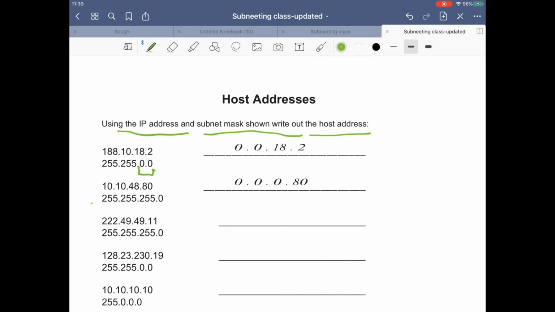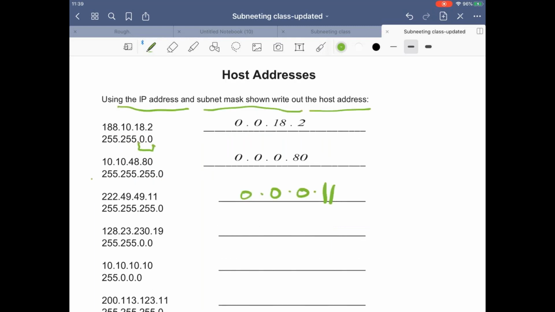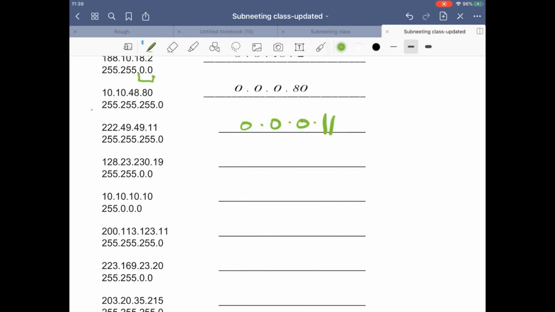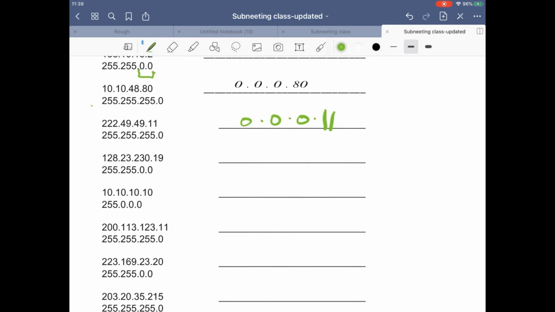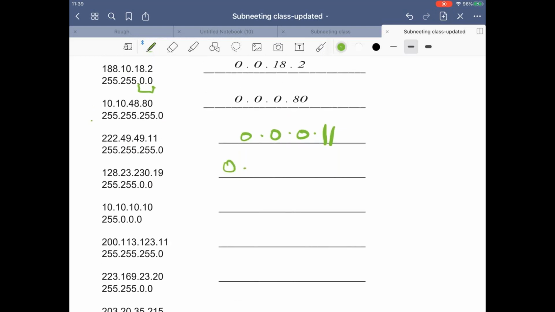So here the network portion will be 0.0.0.11. Here, the third one, the host portion will be 0.0.230.19. Here, the host portion will be 0.10.10.10.